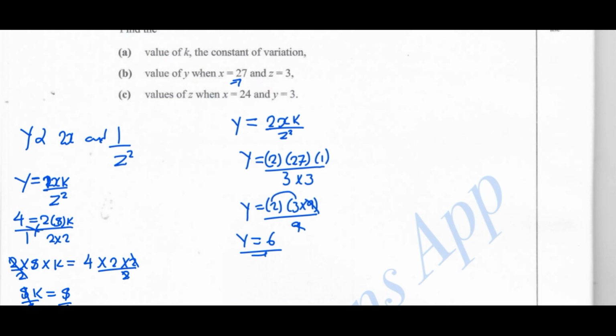Then C, y is equal to 2xk over z squared. We want to solve for z. So let's look at y. y is equal to 3, 2, what's our x? 24, k is 1, z squared.